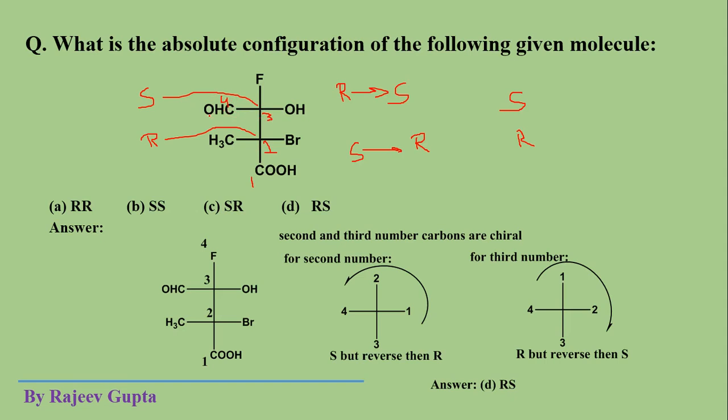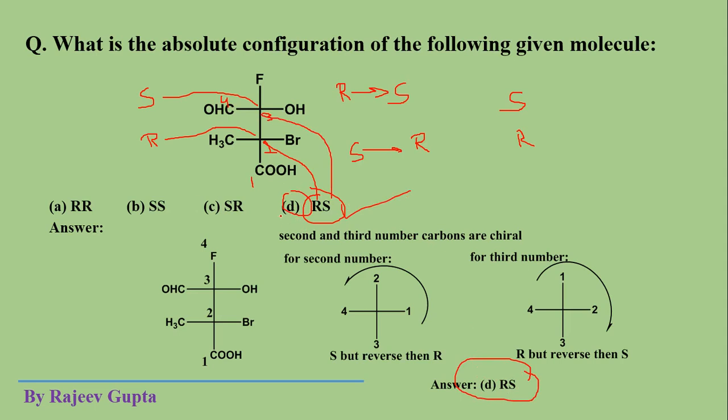Never mind that the fourth priority is on the horizontal line; it could be here or here, there will be no effect on R and S. So the second-position chiral carbon has R configuration, and the third-position chiral carbon atom is S. So the D option is the correct option, which is R, S.